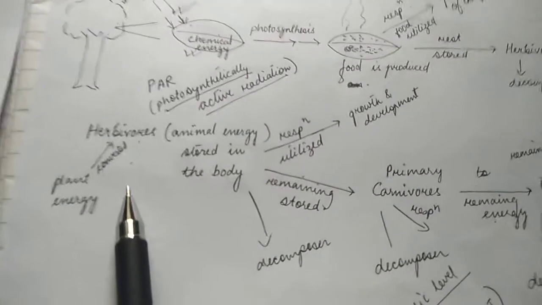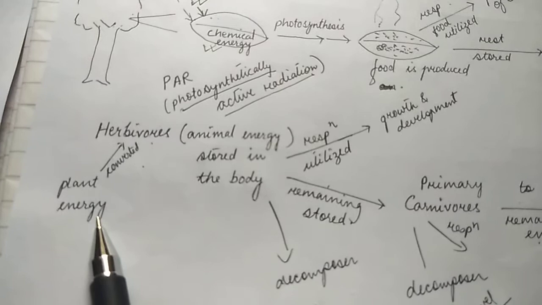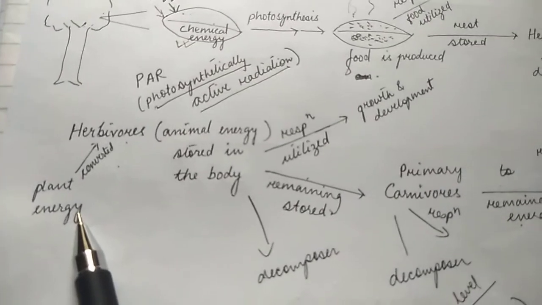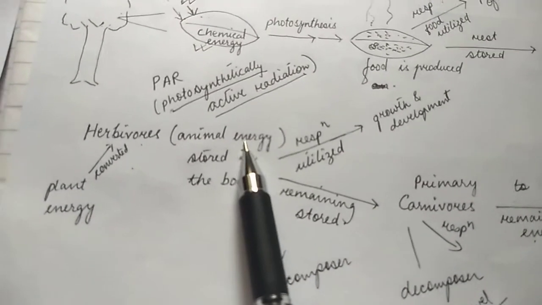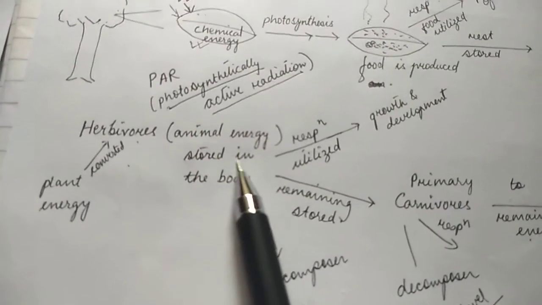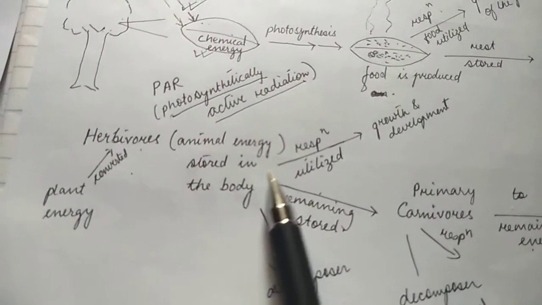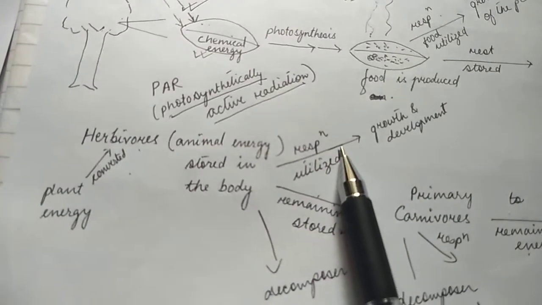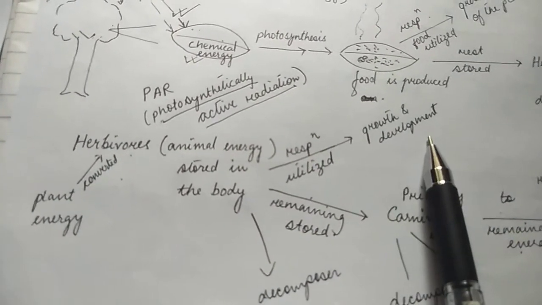The herbivores then convert the plant organic compound into animal organic compound or energy. The herbivores utilize some of the energy for respiration, for growth and development.